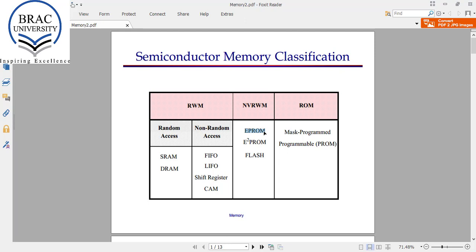You need to use a procedure involving UV lights to erase the chip. We'll see this procedure later. For EEPROM, you can erase the data from the chip electrically, and then again you can write or read from the memory chip. And finally, the flash memory, this is also one type of EEPROM.